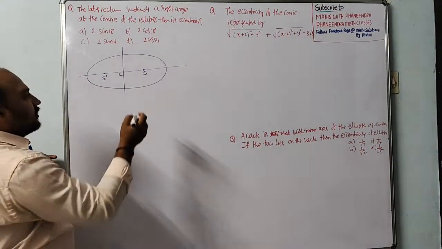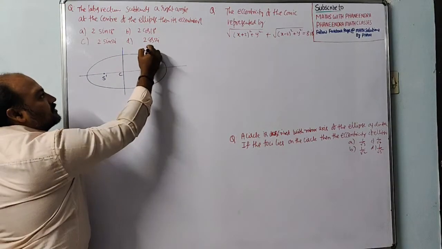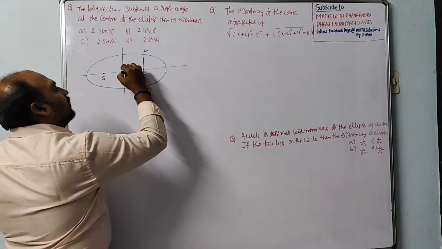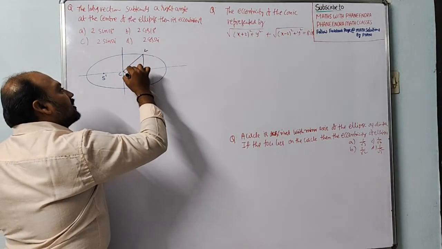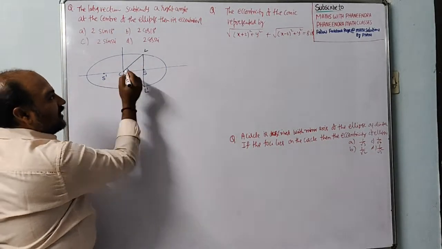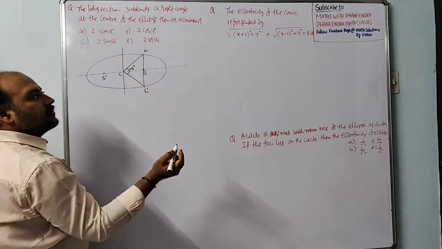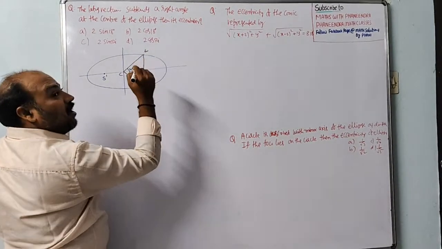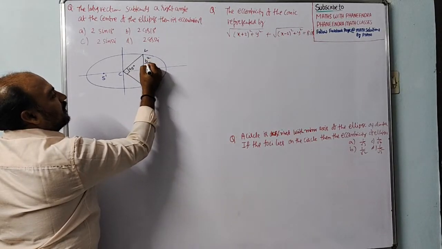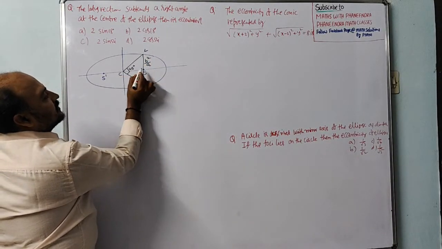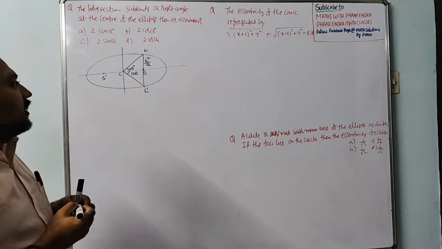That means latus rectum L L dash, so it is a right angle now. Whenever it is a right angle, from here to here it is absolutely 45 degrees. Am I right? SL is half of the latus rectum length, so b squared by a. CS, distance between center and foci, is ae.